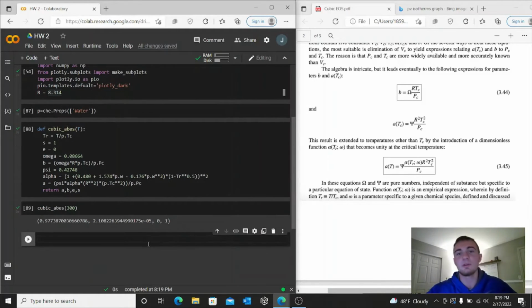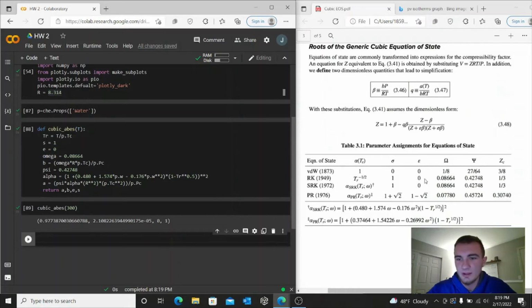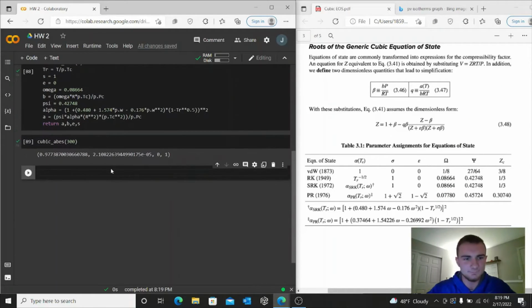And there we go. So here are our parameters, in order: our A parameter, our B parameter, our epsilon, and our sigma. And we know that this makes sense because our epsilon and sigma here are 0 and 1, and that is true for the SRK equation. So we're good to go there.